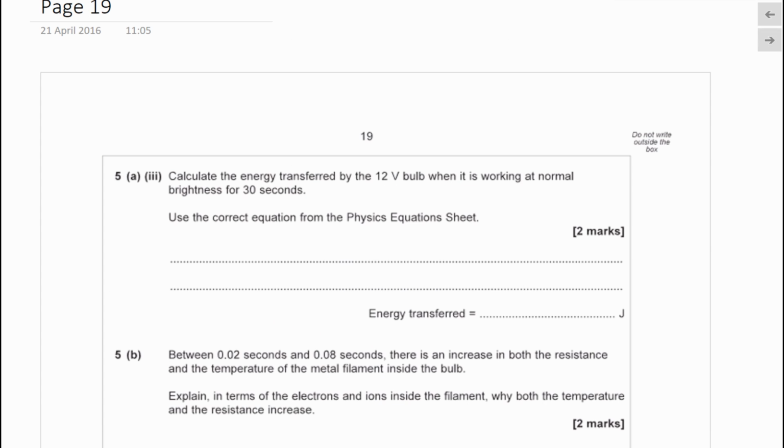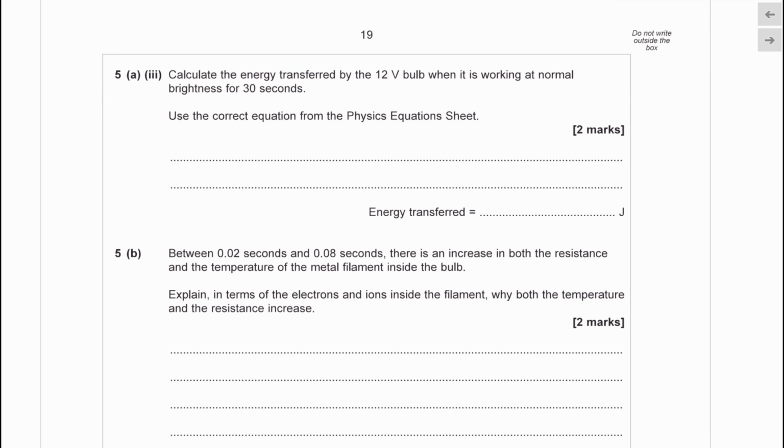All right, moving on. Part 3, it says calculate the energy transferred by the 12-volt bulb when it is working at normal brightness for 30 seconds and use the correct equation. All right, now we should know that the voltage can be written as energy divided by charge. And therefore, if we want the amount of energy, we can simply rearrange and we can times both sides by charge, and therefore we get that voltage times by charge is equal to energy.